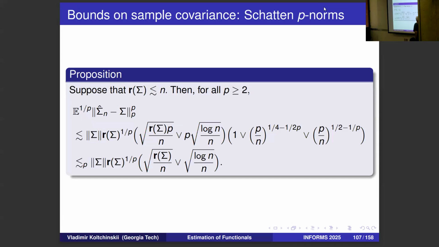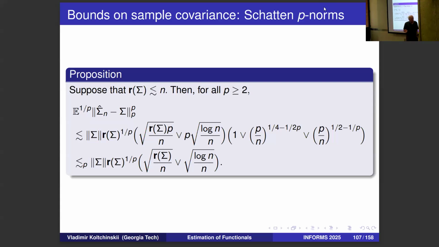So you can see that it's basically the same type of bound, maybe even better here, because we are not trying to write explicitly the dependence on p, which sometimes is important. So you end up with, instead of d to the power 1 over p, r of sigma to the power 1 over p, and still have more or less the same terms.